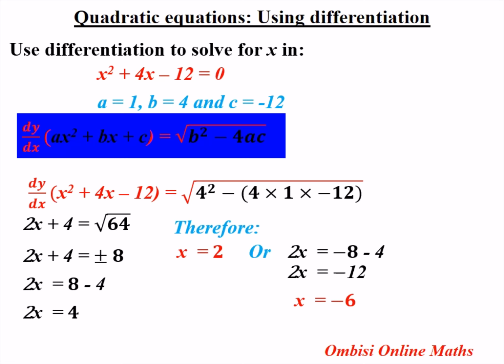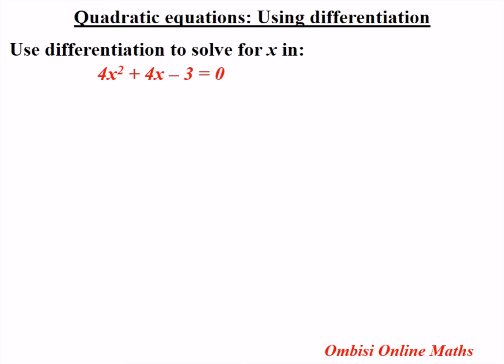So you can see we have used differentiation and the discriminant part of the quadratic formula to find the value of x in the above quadratic equation. We can look at another example: 4x squared plus 4x minus 3 equals 0. We establish that the value of a is 4, the value of b is also 4, and the value of c is negative 3.